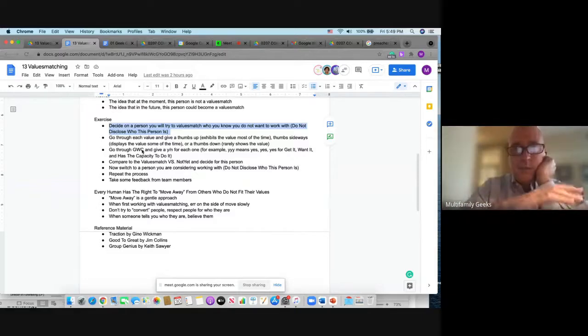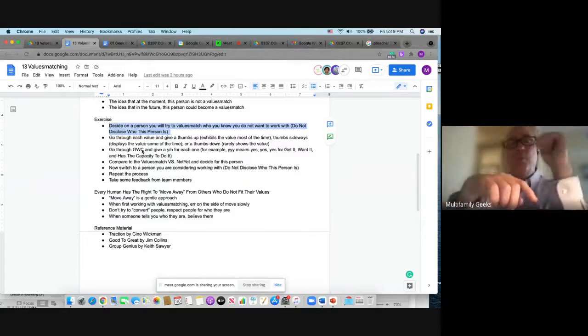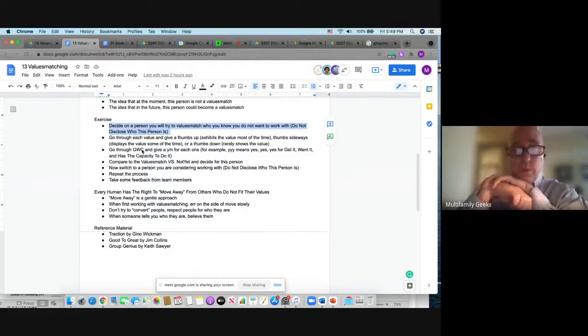Now, if you're in a team and you decide what the values are, then this is all open and you do this with each other in the same room, talking to each other about it. But in this case, you're just practicing the values matching system, okay? So we don't want to know who the person is, but one option would be a person you can't work with that you know is not a match for you. Another option would be a person that you think you can work with.